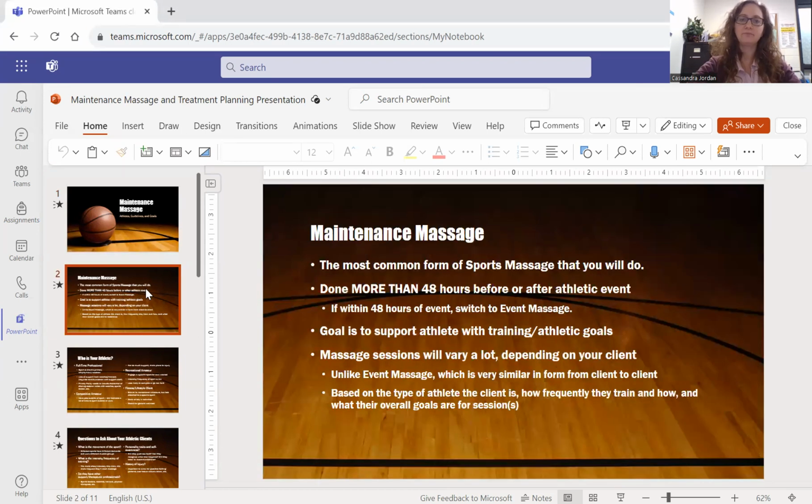Here we go. Maintenance massage for athletes is the most common form of sports massage you will do. Unless your whole career is athletic events like basketball games, ring fights, and marathon finish lines, unless you gear your practice towards specific athletic events, when you see your athletes, you're probably going to be in maintenance land.